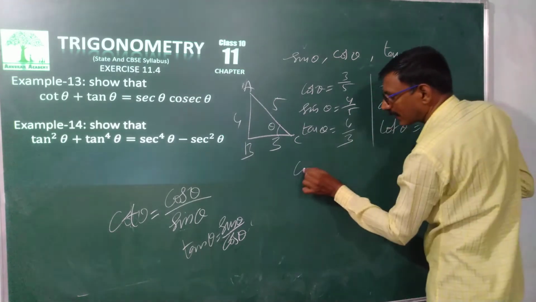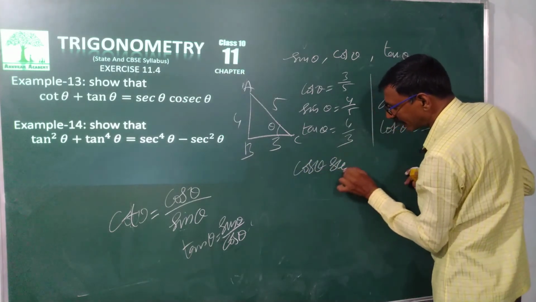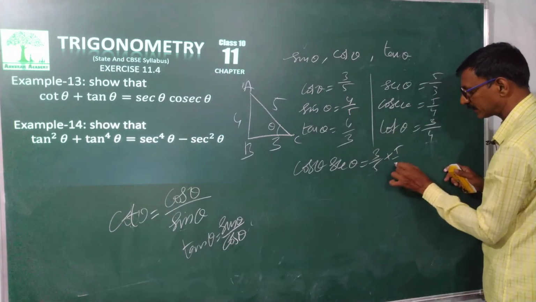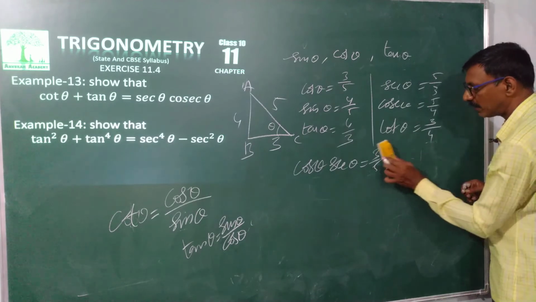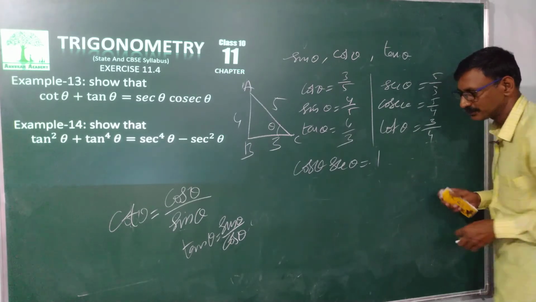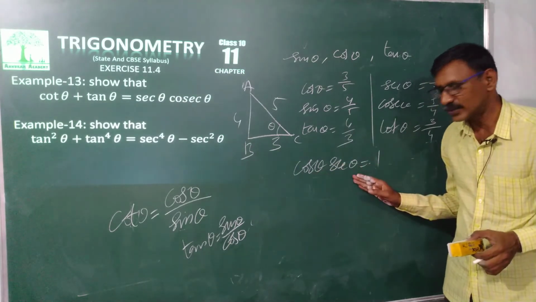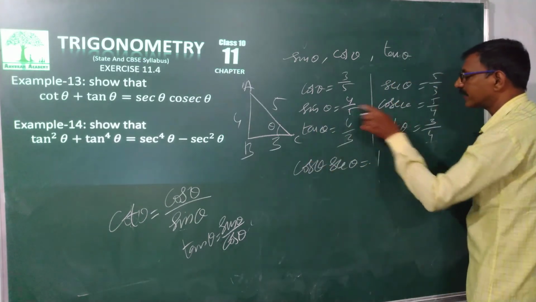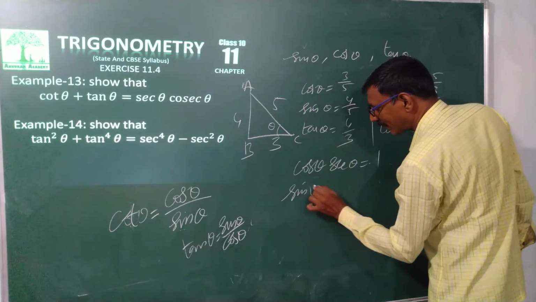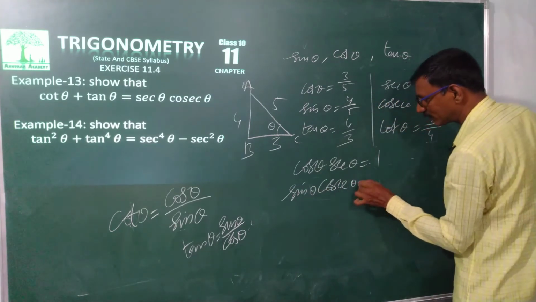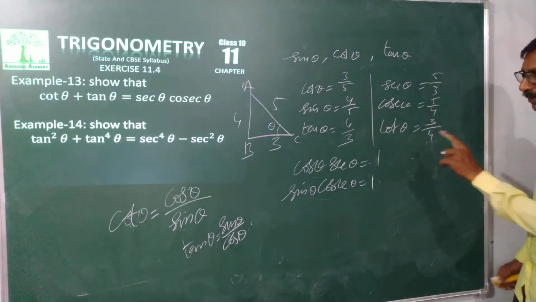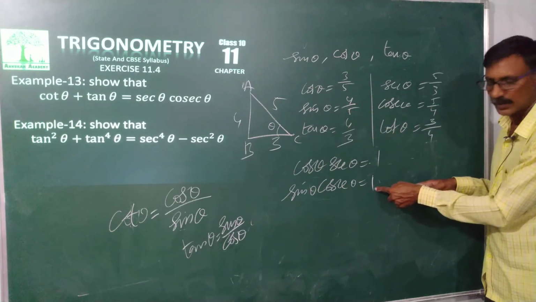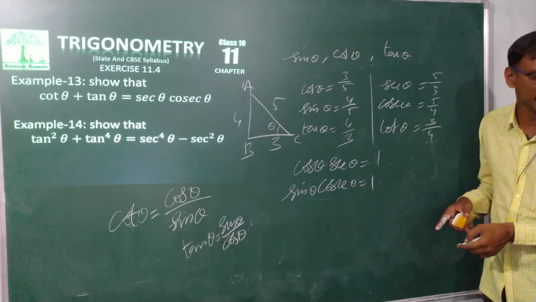So cos theta into sec theta, taking 3 by 5 into 5 by 3, is equal to 1. Cos into sec is always equal to 1. Similarly, sin theta into cosec theta is equal to 1, because we are multiplying sin into cosec.